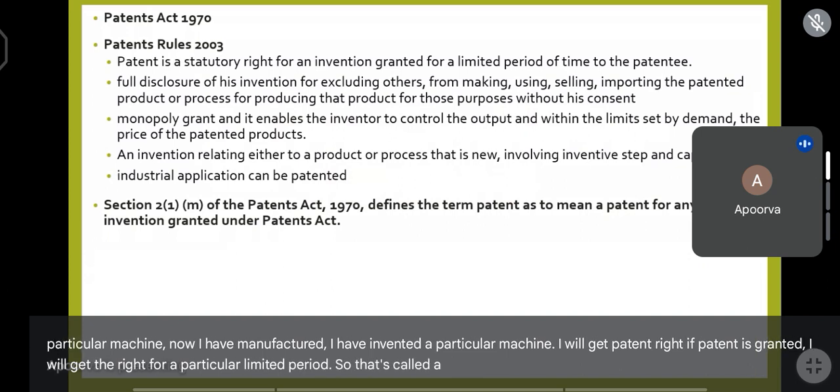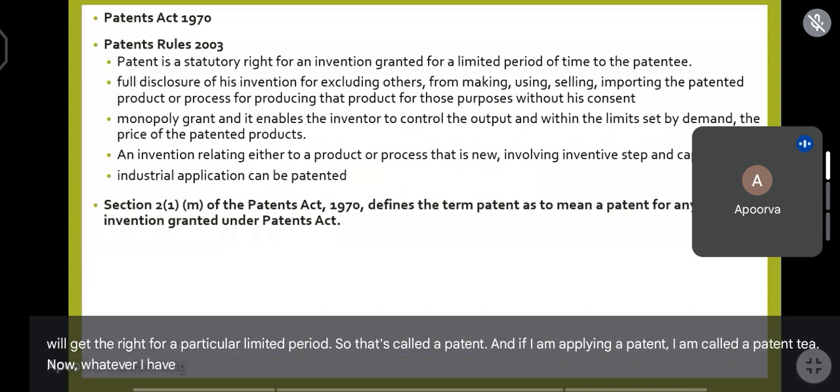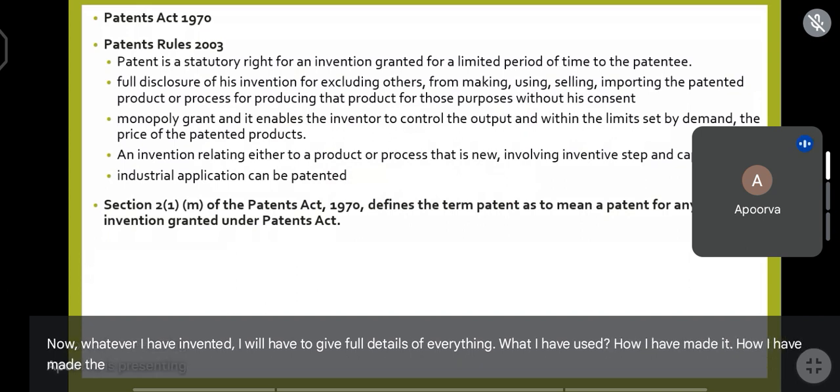And if I am applying for a patent, I am called a patentee. Now, whatever I have invented, I will have to give full details of everything: what I have used, how I have made the machine, and what the use of making that machine is.